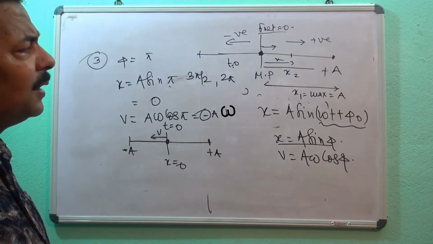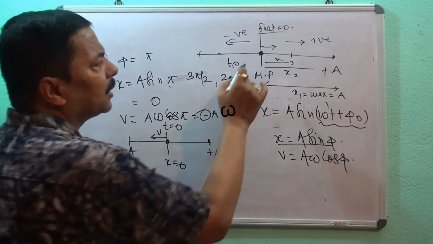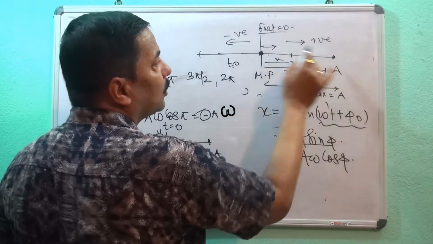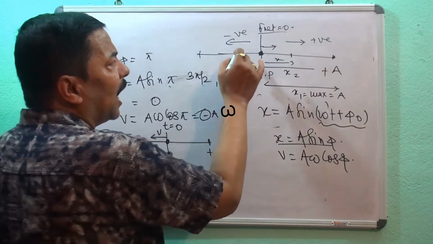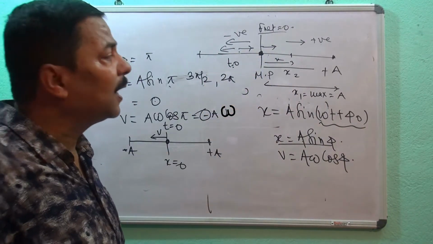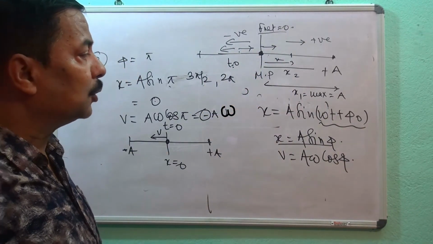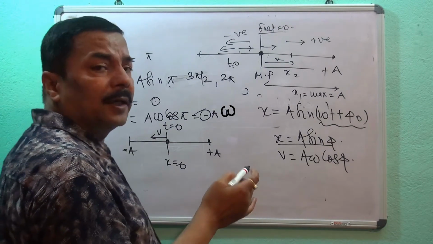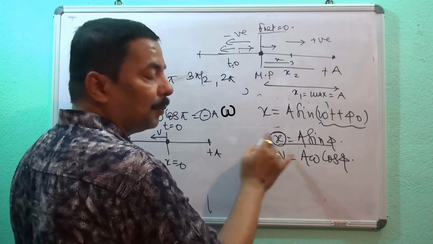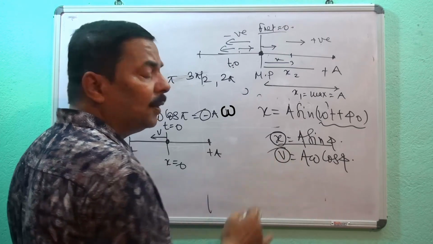So it is not essential that the particle should always start from here in simple harmonic motion. It can start from here also, anywhere it can start, and in this direction also and in this direction also. I will further clarify the concept of phase to you people. So you should understand that phase gives you this quantity, position, and this quantity, velocity.